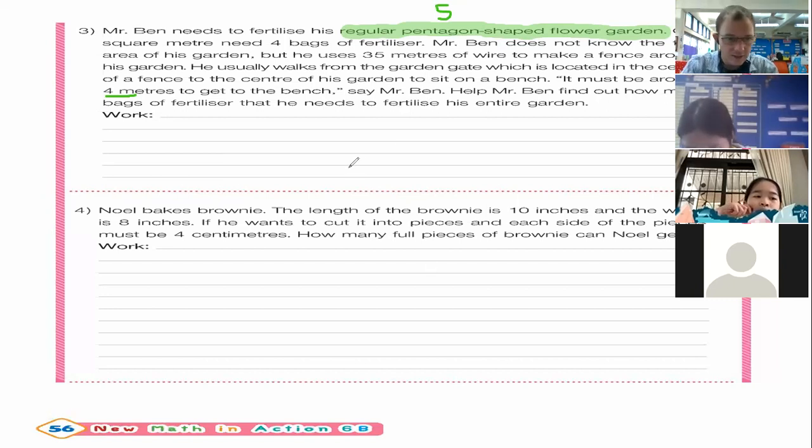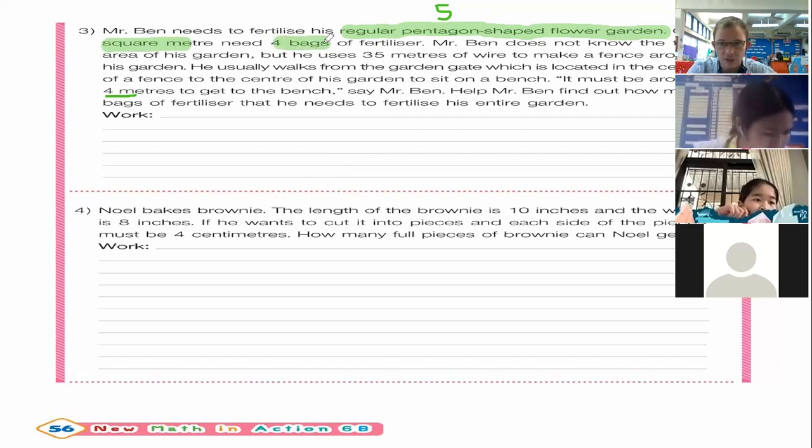And it says here, 1 square meter needs 4 bags of fertilizer. So Mr. Ben does not know the total area of his garden, but he uses 35 meters of wire to make a fence around his garden.